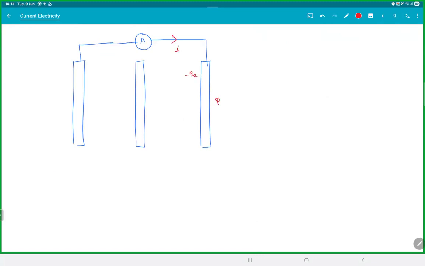Now, can I say this? Whenever current I is flowing into this plate, it is changing the total charge on the right plate, isn't it? The rate of change of this charge is the current in the plate. So current I can be defined as d by dt of q minus q2. So basically the current here is the rate of change of charge on the right plate.